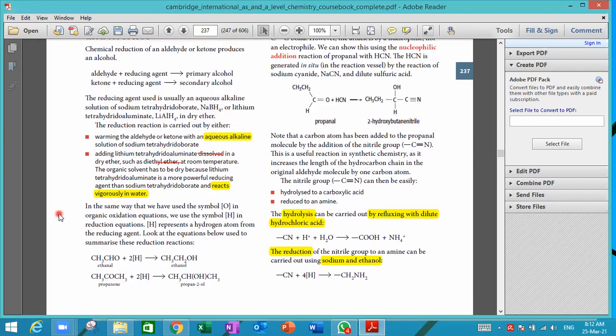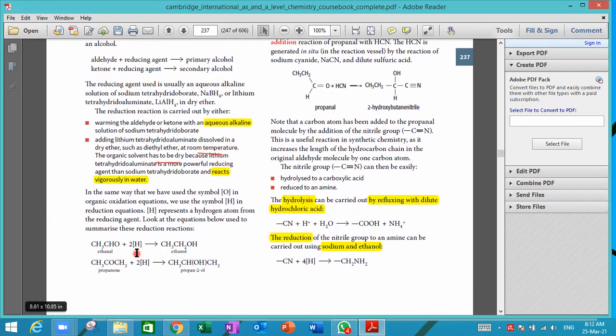Now, as we said before, in oxidation, we write O between brackets. Here, sometimes they ask you to write the equations using this symbol. The H between brackets means reduction. Every bracket containing a hydrogen represents only one hydrogen atom. So here in ethanal, we have to add 2 hydrogen atoms to return it back to the primary alcohol. That's why we put here 2 and then between brackets H, because we need 2 hydrogen atoms.